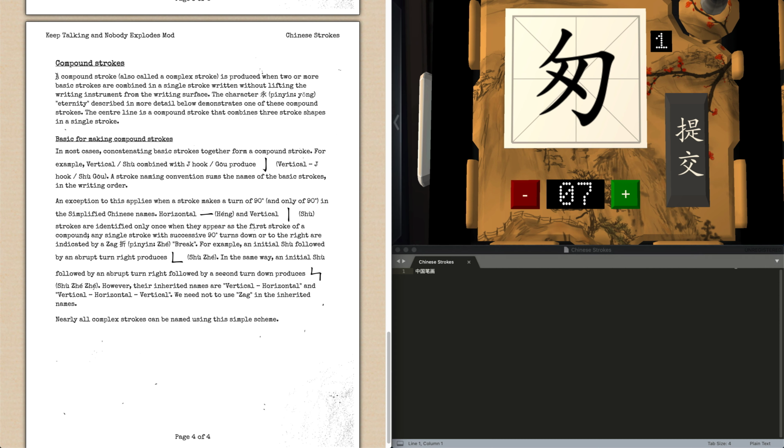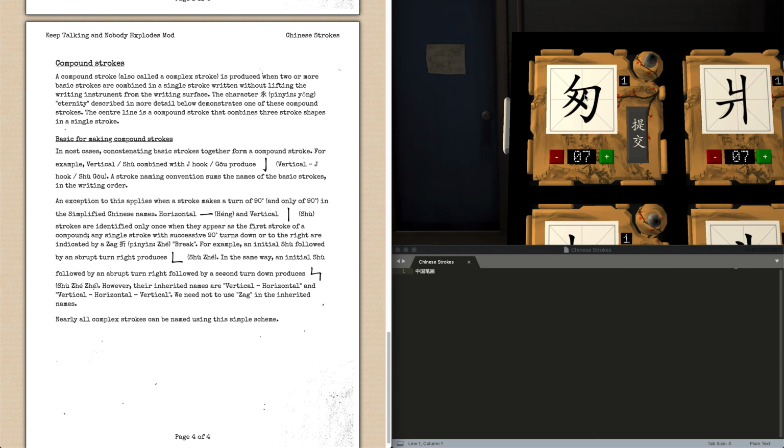The specific definition is that a compound stroke is produced when two or more basic strokes are combined in a single stroke written without lifting the writing instrument from the writing surface. There's a bunch of naming conventions for these, but this zigzag shape, vertical, horizontal, vertical, as it's stated in the manual, is all one stroke because it can be produced without lifting your brush from the paper.